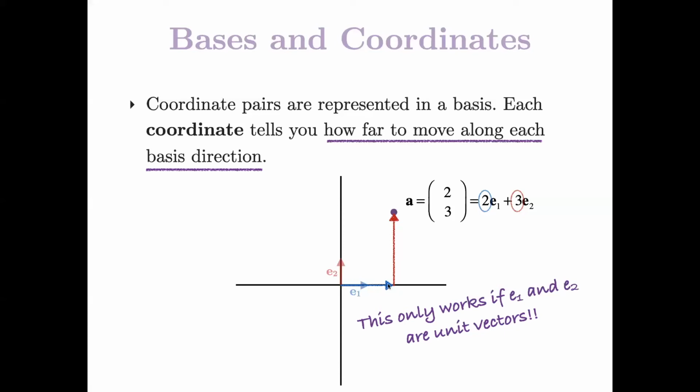But 1 times E1 is not referring to how many units I walk in this direction, because it is quite clear that if there were a grid, I would be moving 2 units. So that's the main reason why we need that part of the definition for orthonormality.